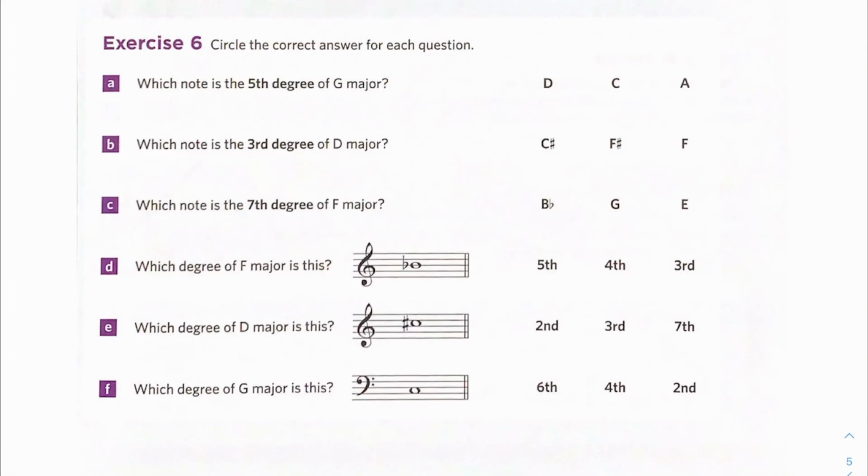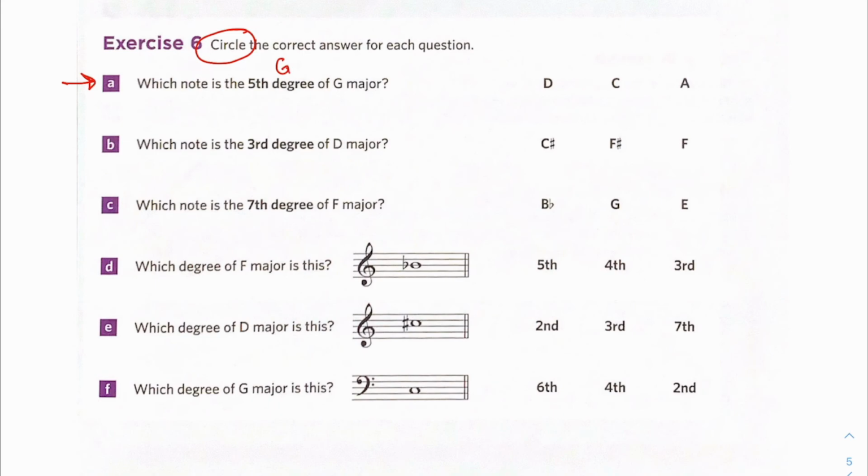Exercise 6. Circle the correct answer for each question. Question A. Which note is the fifth degree of G major? So we can first write out all the notes in G major in ascending order.